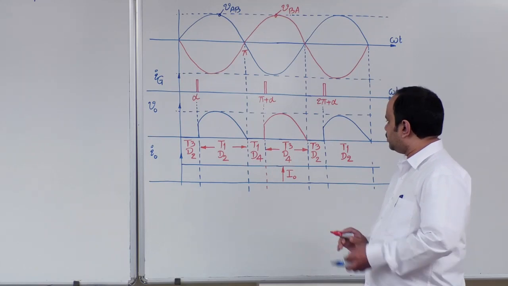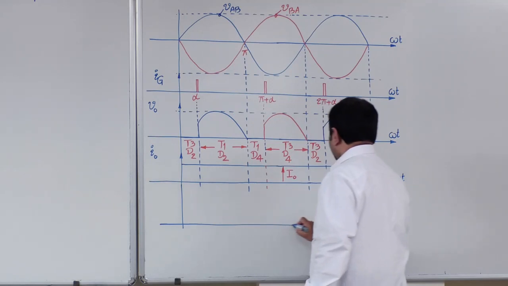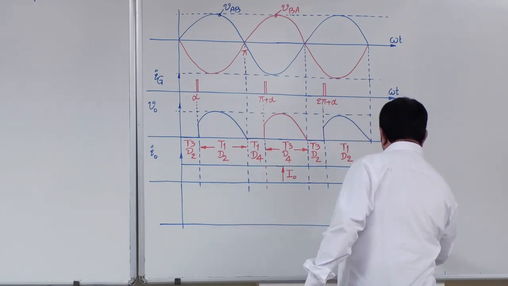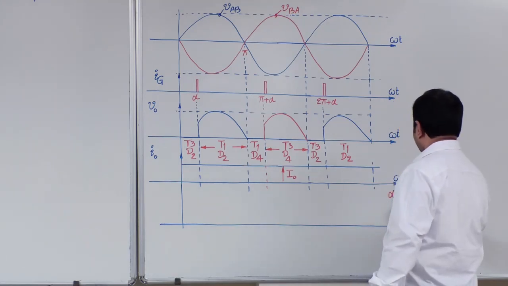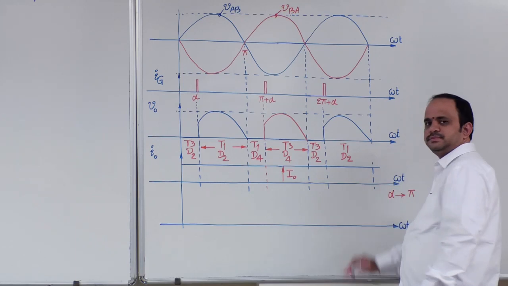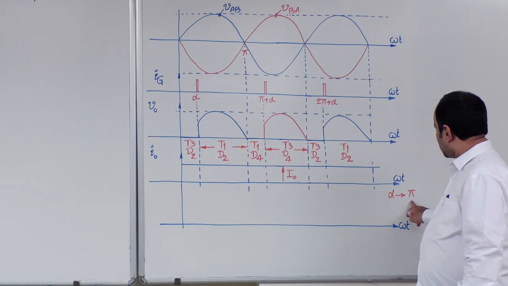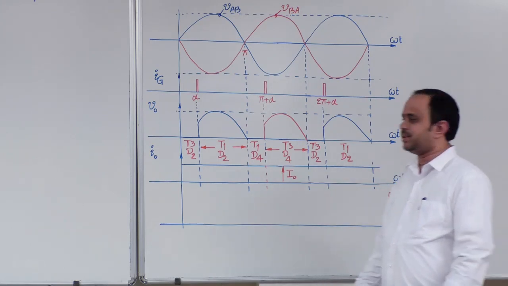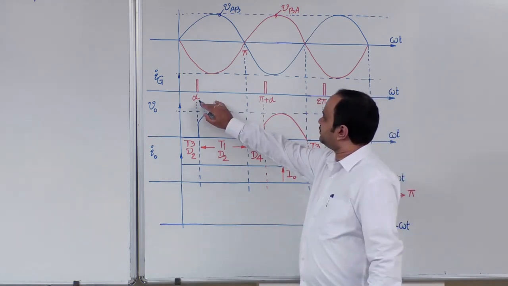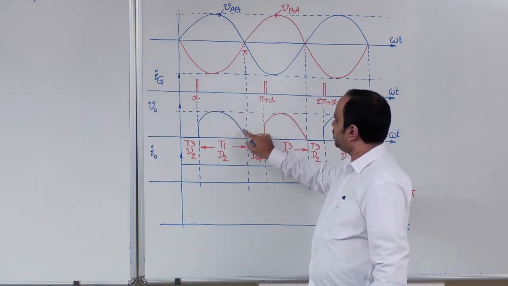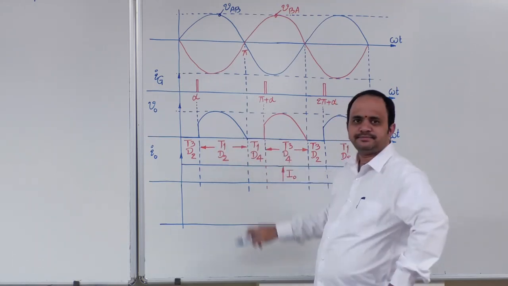Now what is the special case in this particular circuit? For example, if we give alpha closer to pi, when you supply firing angle very close to pi, what will happen? Follow carefully. T1 will be triggered nearer to pi, isn't it?